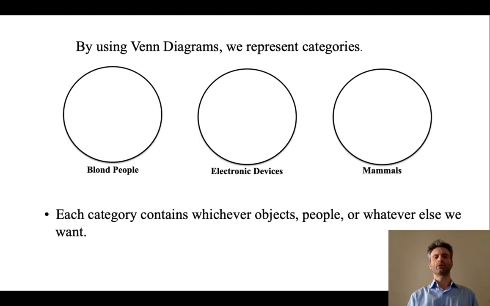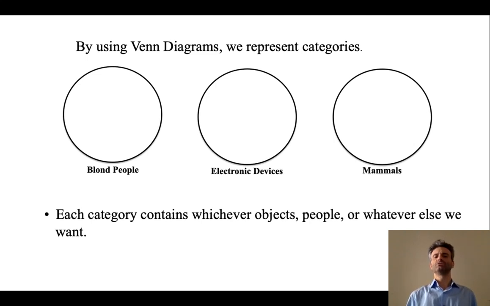Each Venn diagram contains whatever we want. So we label it. For example, I have here blonde people, electronic devices, mammals. You can create any class that you want.